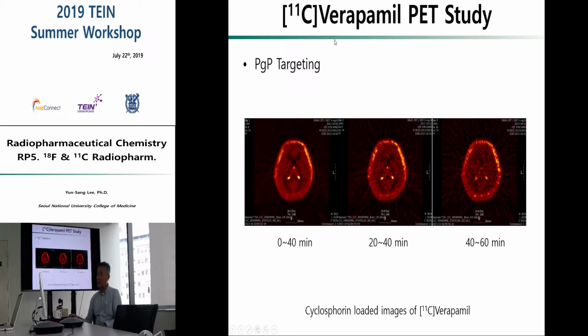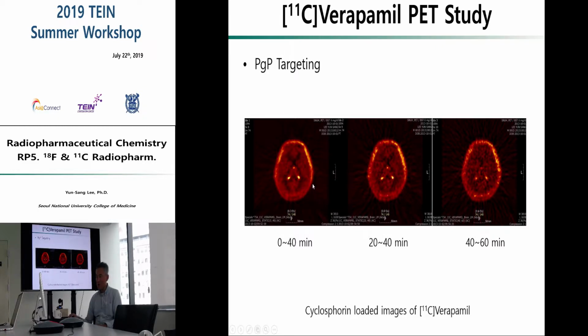If C11 verapamil is injected into our body, then we cannot see any signal. But after cyclosporin is loaded, then we can see the BBB here. So we can image P-glycoprotein in our brain.